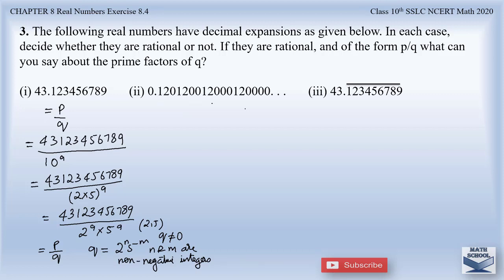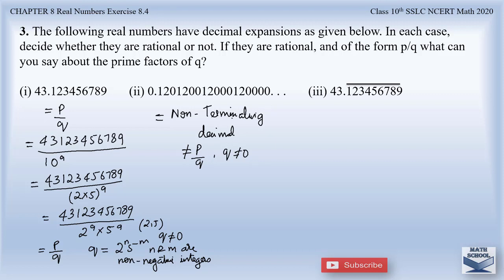Now coming to our second question, you can see here it is of the form 2.120, 1200, 12000, then 124 zeros, then it will continue as 125 zeros and 126 zeros. It is going ahead in this form only. Here we can observe that this type of decimal expansion is non-terminating, which cannot be represented in the p by q form, where q is not equal to 0, because we don't know till what point this number keeps on repeating itself, and hence we cannot convert this into a fractional form or p by q form.